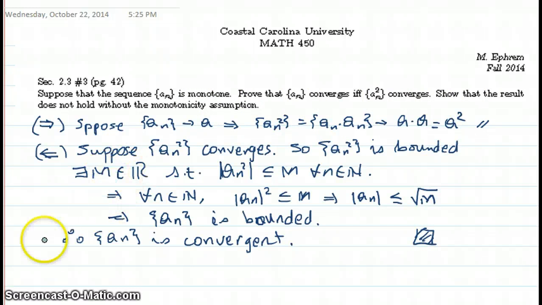The next thing to do is to show that without the monotonicity assumption, this statement doesn't work. Well, if you take the sequence (-1) to the power of n, this is a sequence that is not convergent.